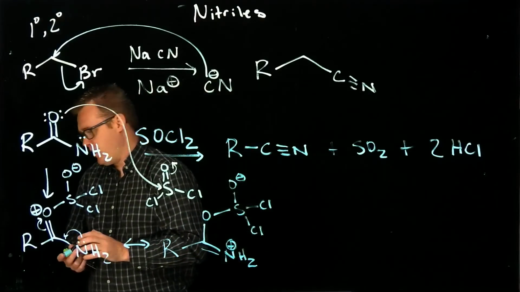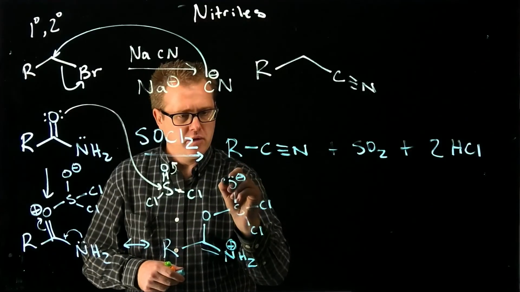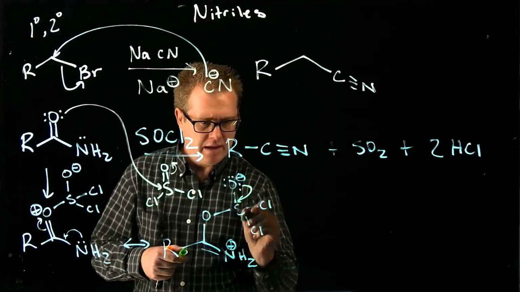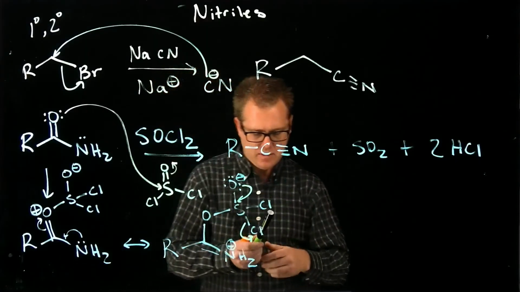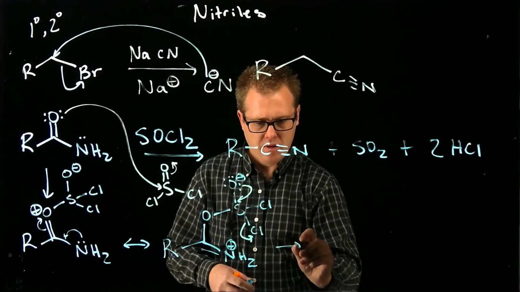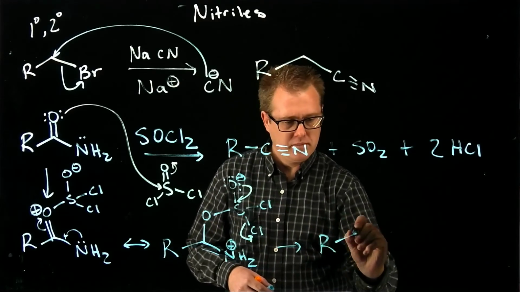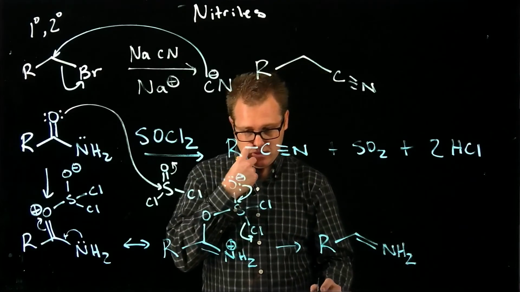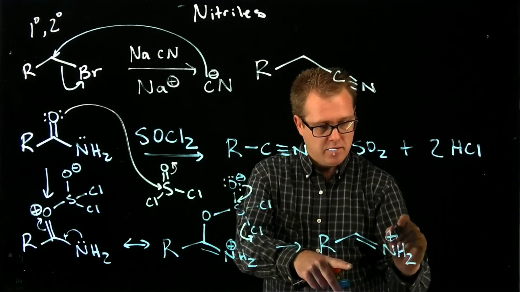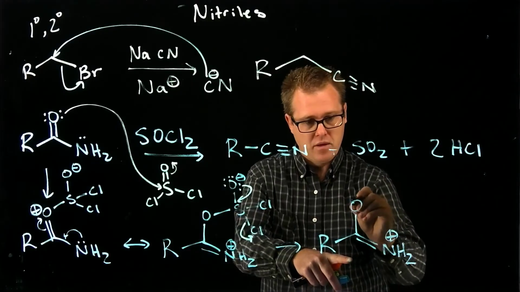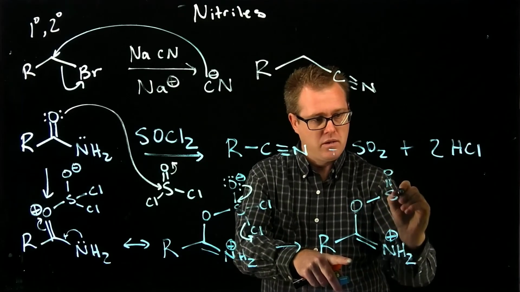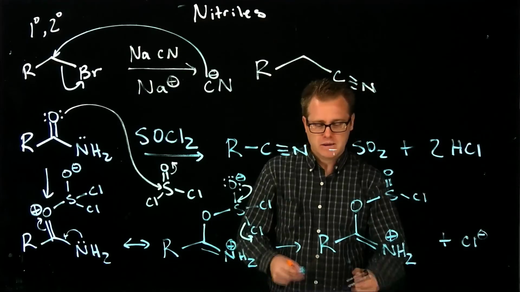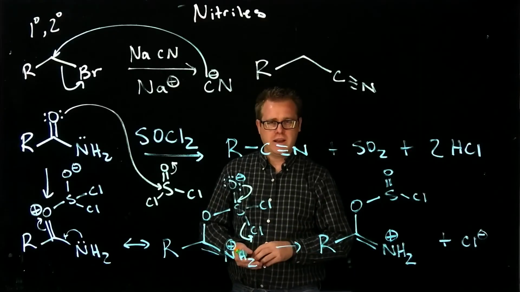Now what can happen here? We have 3 lone pairs on that oxygen atom, so that could come down and kick off a chlorine. So what's our end goal here mechanistically?